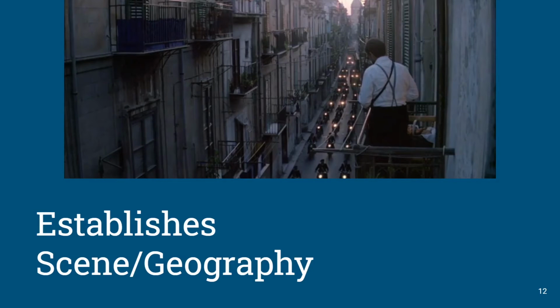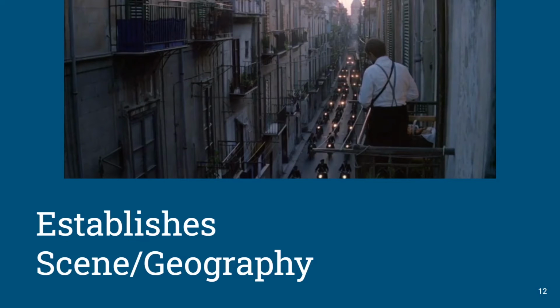We as humans, we like establishing shots. We like long shots. We like wide shots because they provide the most information about our surroundings. We're kind of like that when we go into buildings. We don't generally just go straight to something specific, we look at the big picture first. That's just kind of how we're hardwired. So you'll see a lot of films, TV shows, things like that, start with an establishing shot.